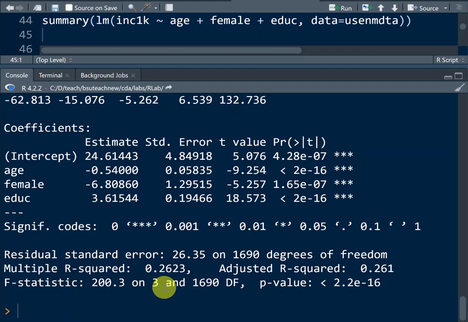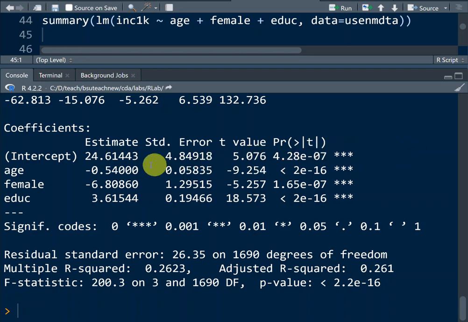Okay? Of course, we have standard errors for these estimates, t-values for these estimates, and p-values. Usually, when the p-value is smaller than or equal to 0.05, we say its corresponding estimate is statistically significant, meaning that its corresponding variable has a statistically significant association with the response variable here.